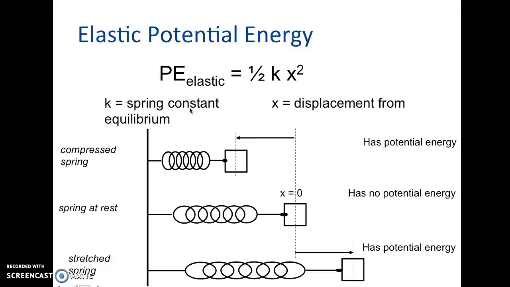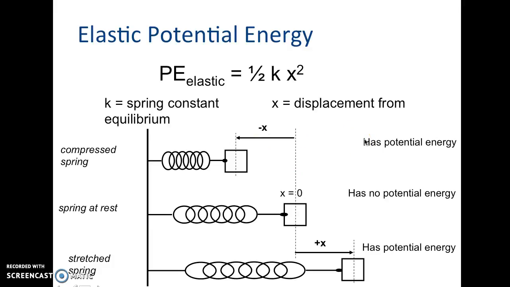where k is again our spring constant, and x is our displacement from equilibrium. That equilibrium should be right over here. One interesting note is that when a spring is at rest, it has no potential energy because the displacement is 0. But if we compress a spring or stretch a spring the same distance, x, positive or negative, it has the same amount of potential energy.